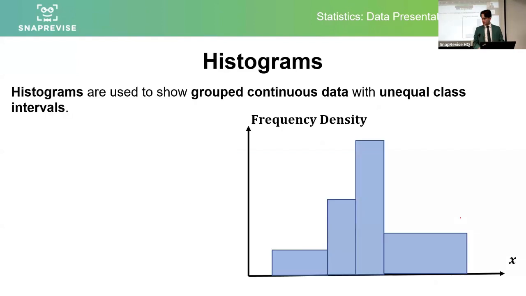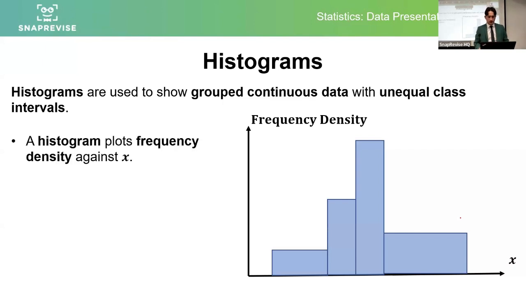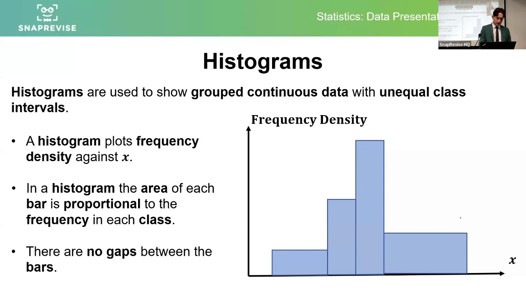Right, histograms. Again, it's something we've seen at GCSE, but they tend to be harder questions at A level. Frequency density, just remember, this is grouped continuous data. This is frequency over class width.